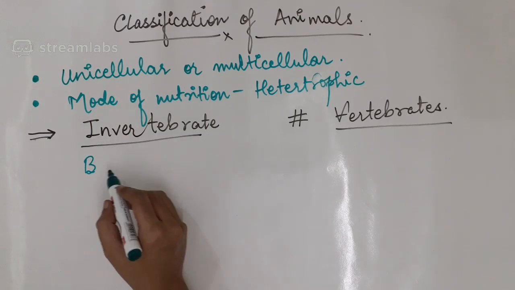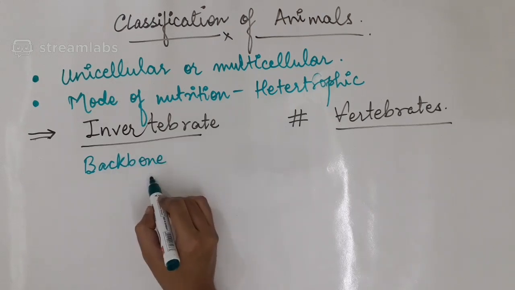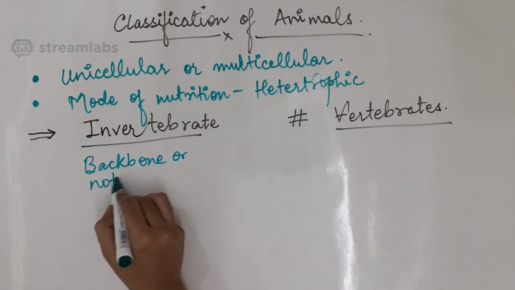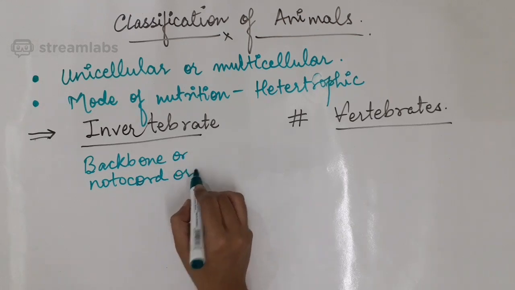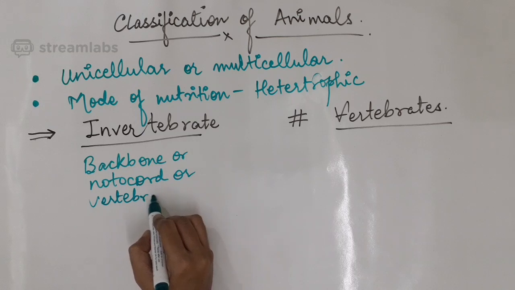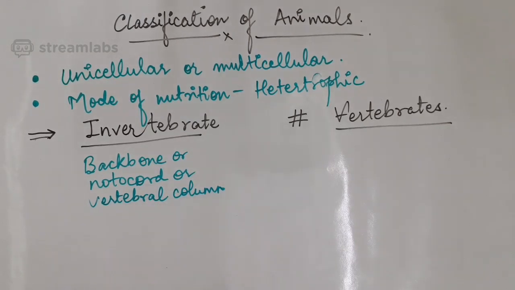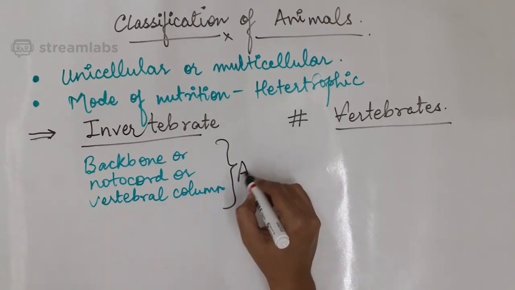In invertebrates, the backbone, or it is also called the notochord or the vertebral column, is absent.